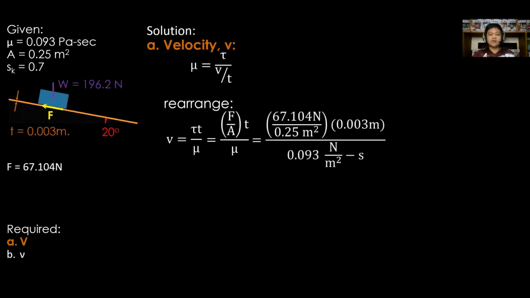For F, that is 67.104 newtons over the shear area, which is 0.25 square meter, multiplied by the thickness of the kerosene, 0.003 meter, over mu, that is 0.093 newton second per square meter. Thus, the value of velocity is 8.659 meters per second.